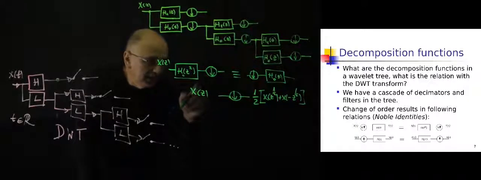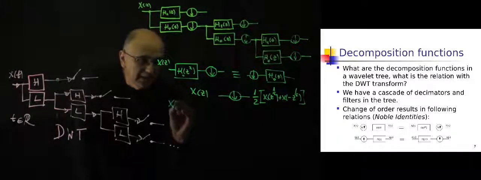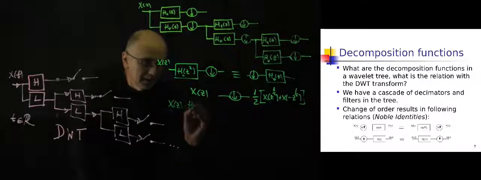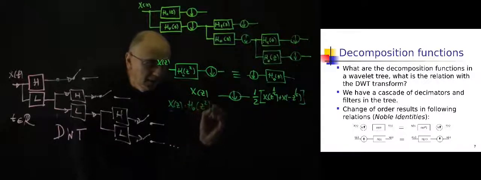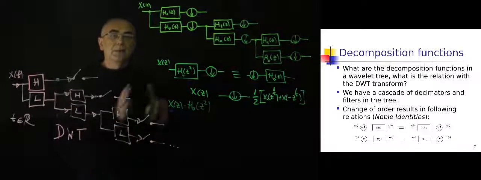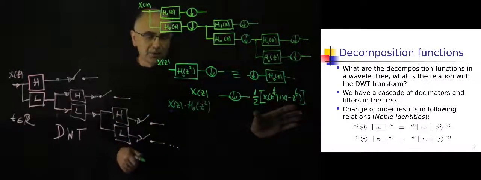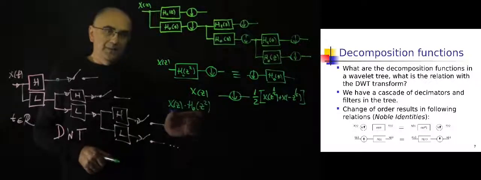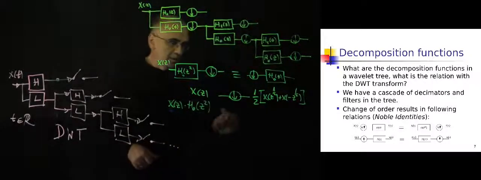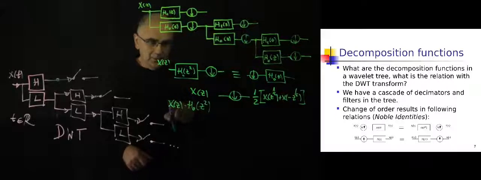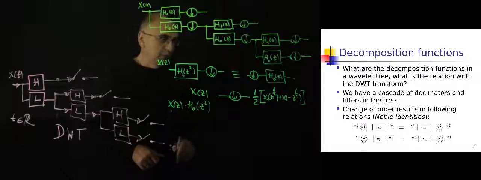So instead of having this, we have X times H0. And on the right hand side we have to apply this expression, but of course on this argument. So instead of X, I have to write X times H0.